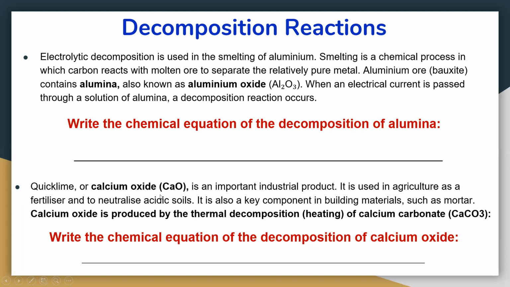Similar thing for calcium oxide. If we were to run an electrical current through that, we would be able to get the individual elements of calcium and oxygen. So that's the basic idea there. And calcium oxide is just a product caused by the decomposition of calcium carbonate. So calcium carbonate decomposes and it leads to the byproduct of calcium oxide.